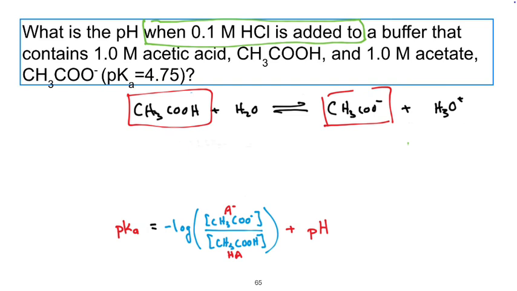H+ reacts with, it does react with OH negative. Okay? The thing we want to back away from is the OH and acknowledge the more important part, the negative part. It would react with our conjugate base. So if I add H+, what's going to happen?